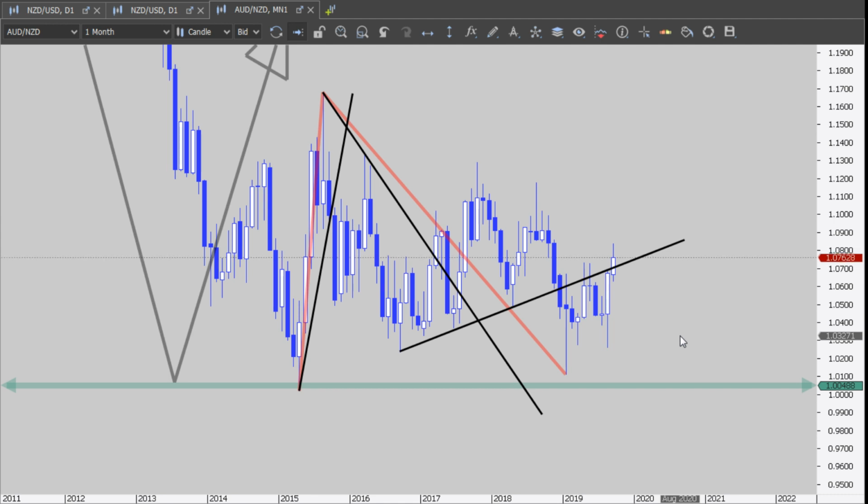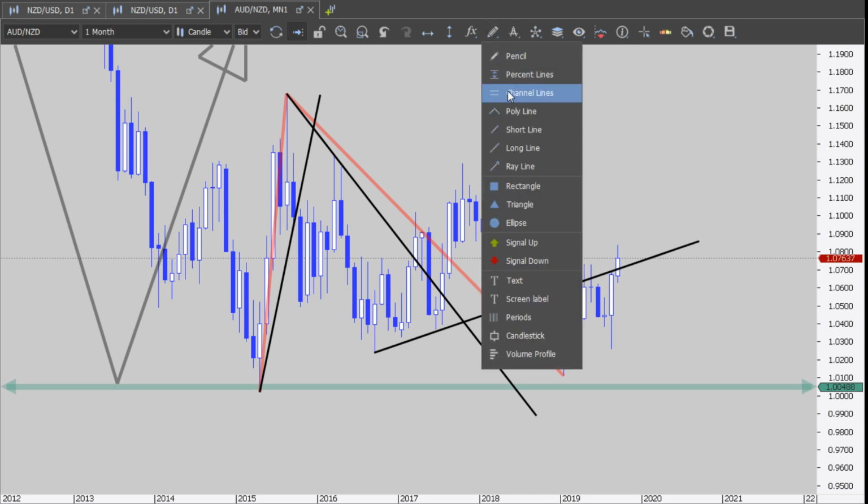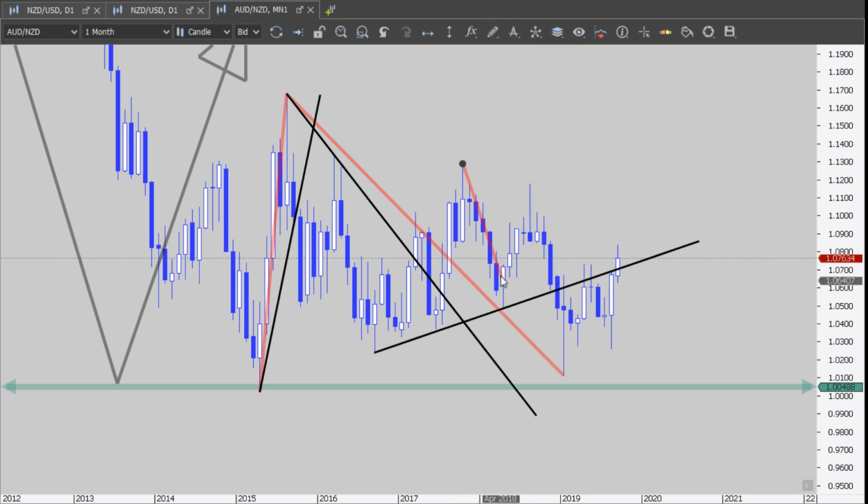But still, this is the monthly chart, we need to wait for the entire month. Okay, now because the market broke the uptrend line, the short-term trend is lower low, lower high, lower low, lower high, right? Okay, this is the short-term trend.